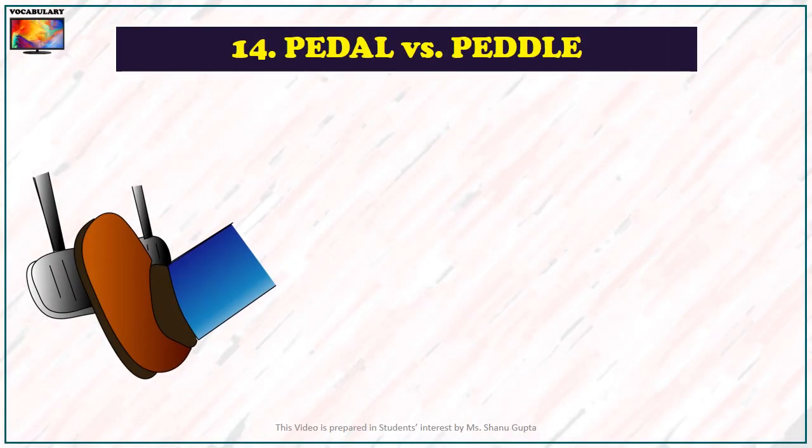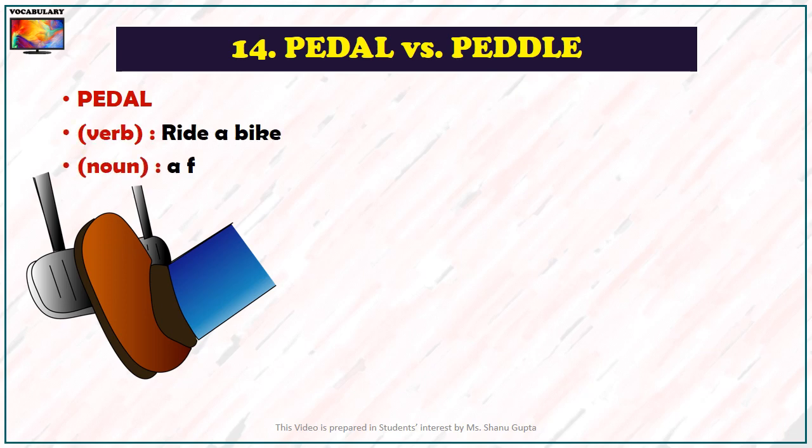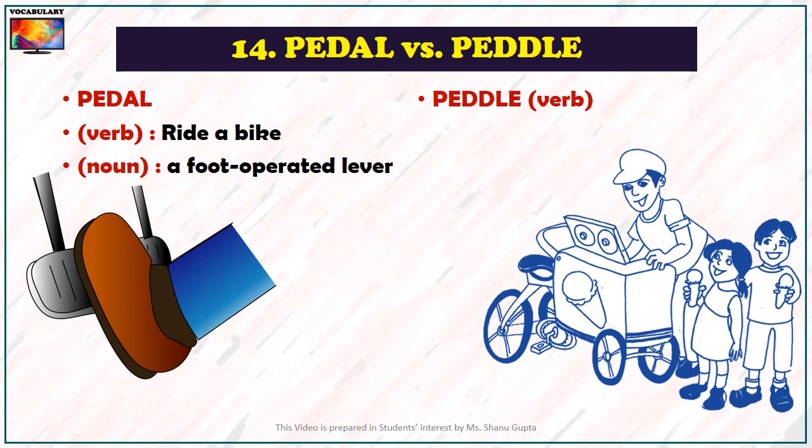Fourteenth pair is pedal versus peddle. The first word with a single D means a foot-operated lever. You might also pedal a bike, in which case you are actually pushing the pedal in circular motion with your feet to make the bike move forward. On the other hand, the word peddle with a double D means to sell goods by going from place to place.